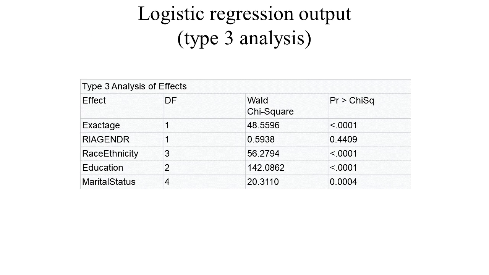But overall p-values for polytomous variables such as race, ethnicity, education, and marital status, are shown in this table of Type 3 Analysis of Results, but not in the earlier table. The earlier table shows p-values for binary variables, corresponding to categories of the polytomous variable, but not p-value for the overall categorical variable.